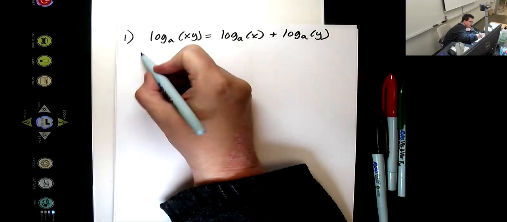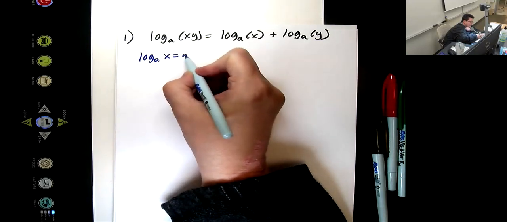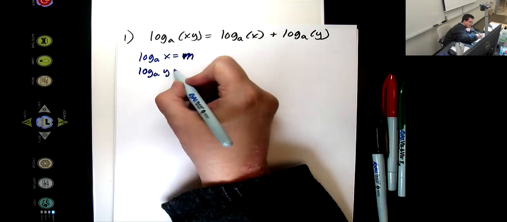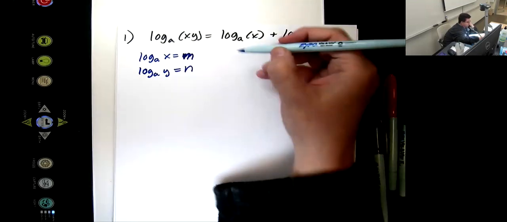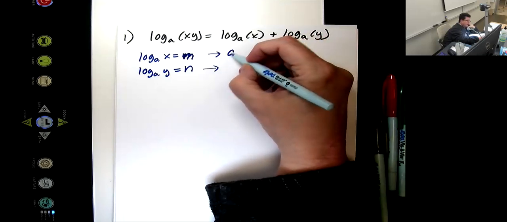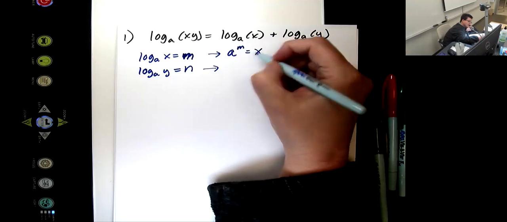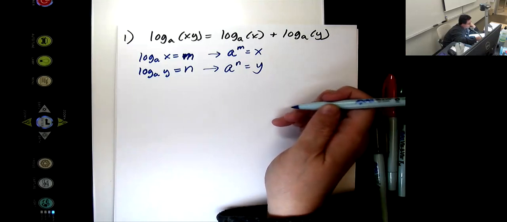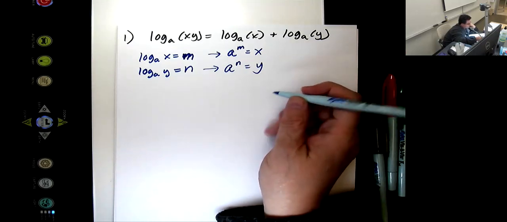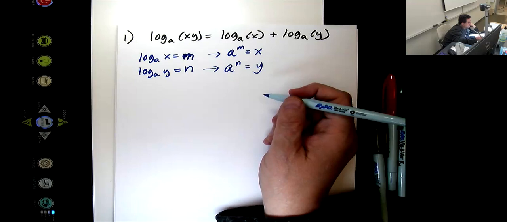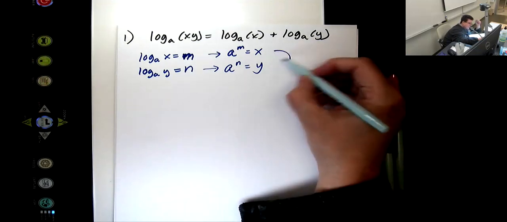So to show this, I'm going to say log base A of X equals M, and log base A of Y equals N. Which means if I rewrite these in their exponential forms, I get A to the M equals X and A to the N equals Y. So let's take these two and multiply them together.